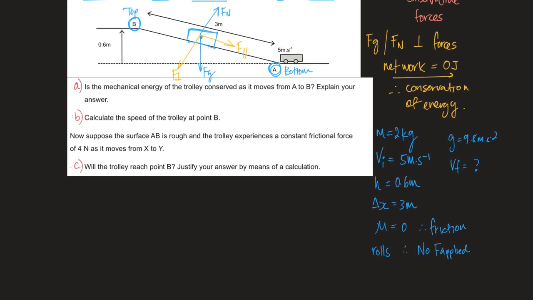So what we need to do is have a look at our questions. The first question says, is the mechanical energy of the trolley conserved as it moves from A to B? Explain your answer.